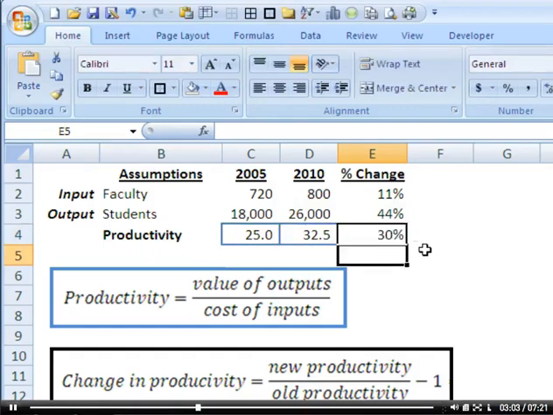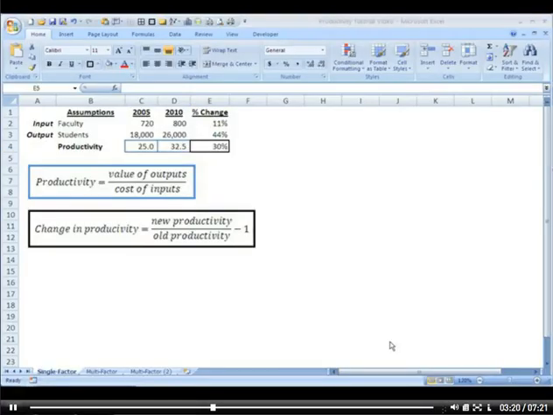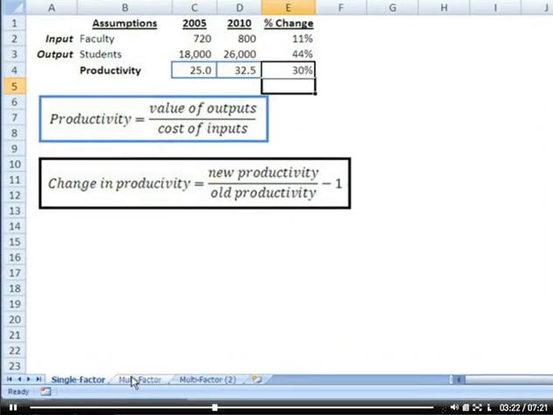And here we get a 30% increase in productivity. So that means for each faculty member by 2010 as compared to 2005, we were able to serve 30% more students. We're now going to move on to computing multi-factor productivity.